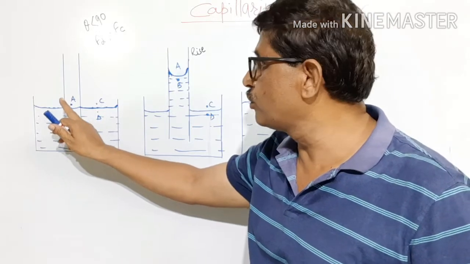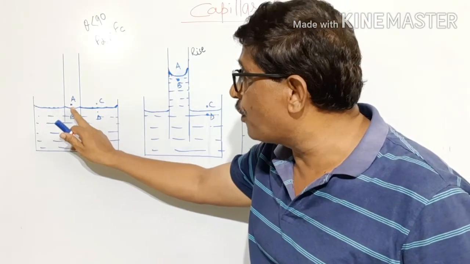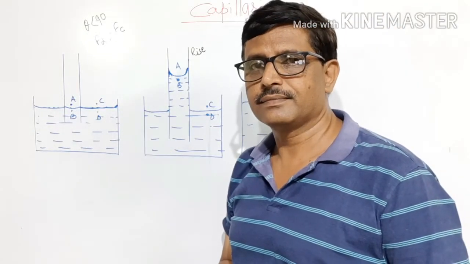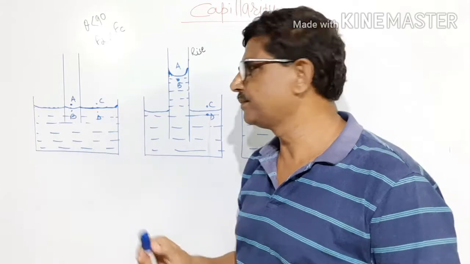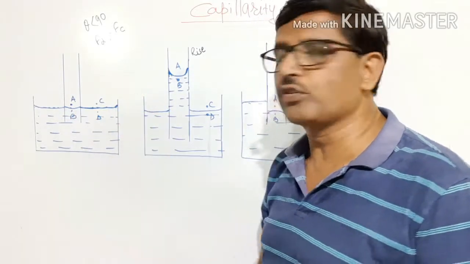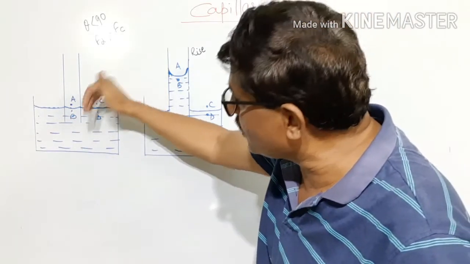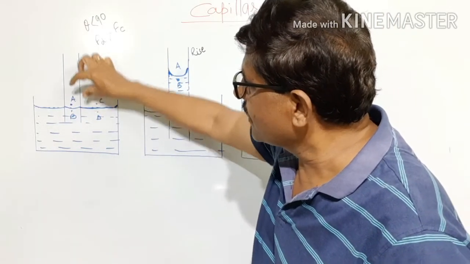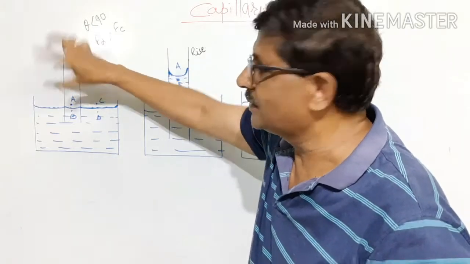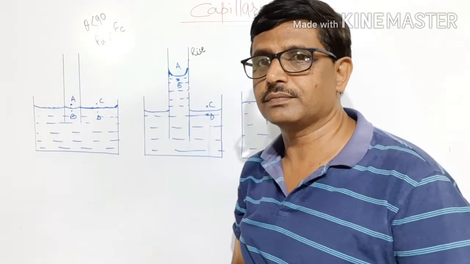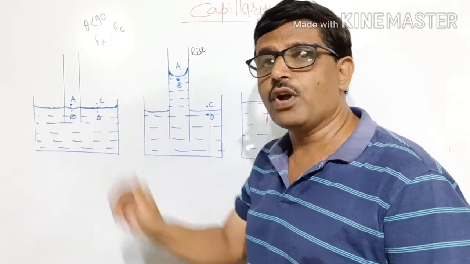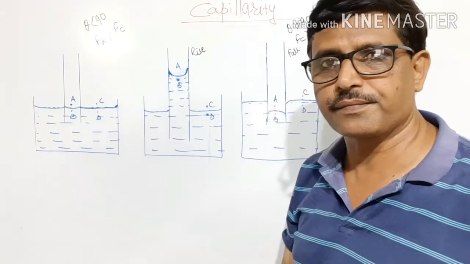A is the molecule of a liquid just above the concave side of the liquid. B is the molecule of a liquid just below the concave side, and A and B are inside the capillary tube. C and D are on either side of the horizontal liquid surface.